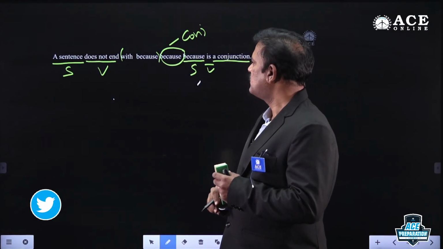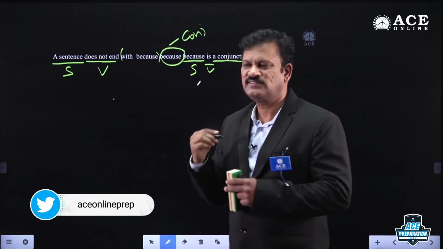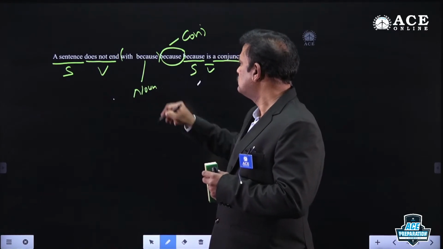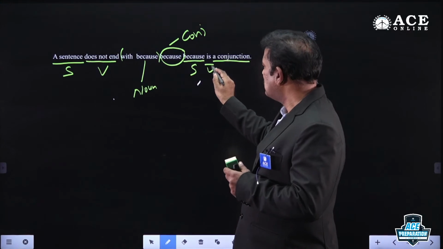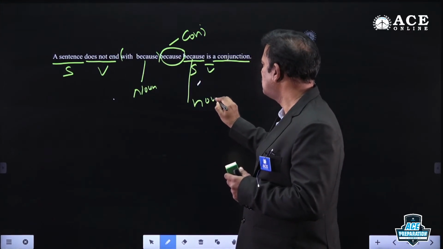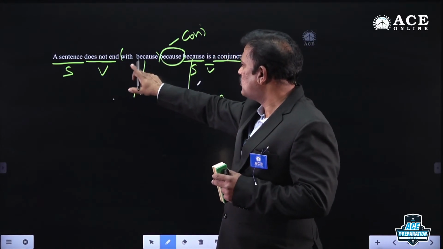Okay. Now tell me, the end of the preposition is? And the subject of this is, and this is one sentence. The sentence does not end with because.